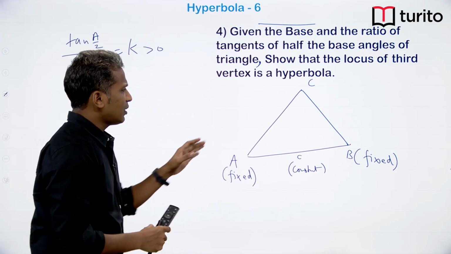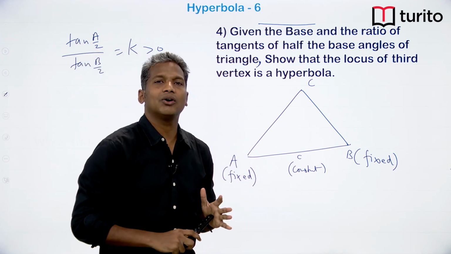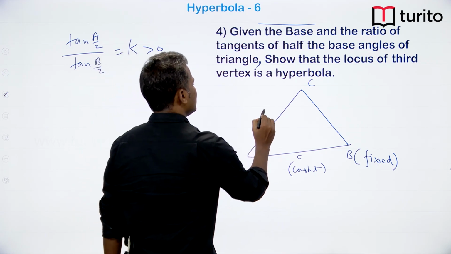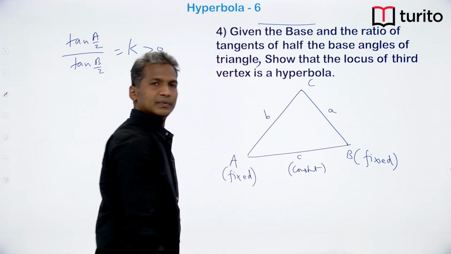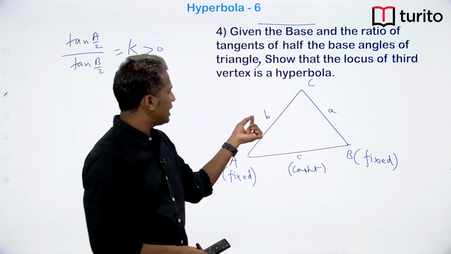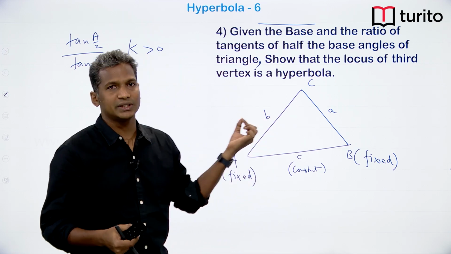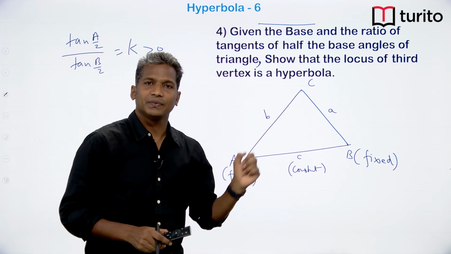Here I am going to apply the concepts of solutions of triangle or properties of triangle. I will take this side as small b, and this side as small a. Because a and b were not given in the question, these are variables. a and b are varying because the point C is varying.